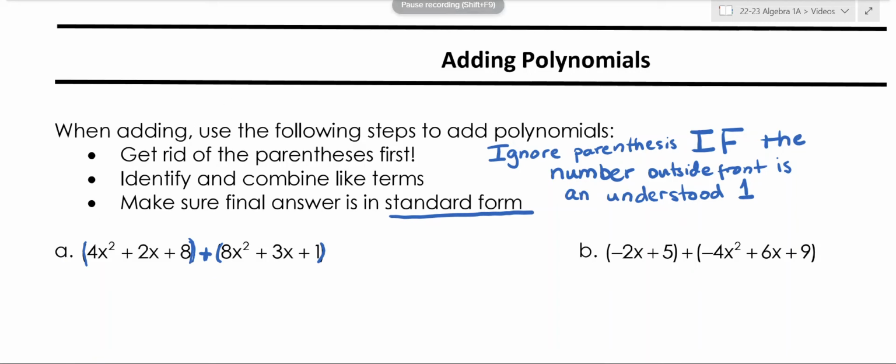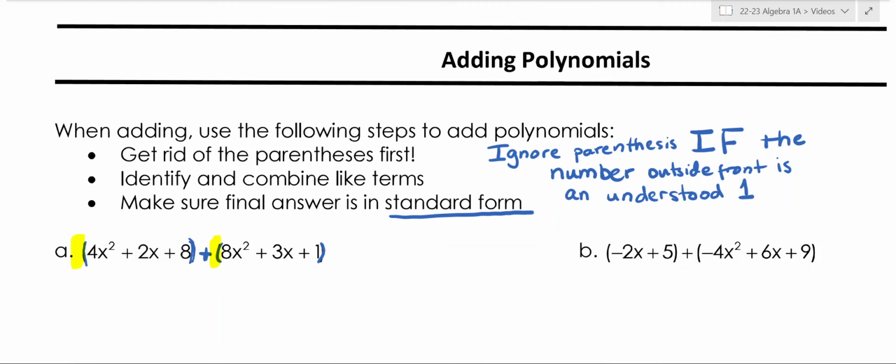You see how we usually say nothing, but technically right here, that's an understood one. You see over here? That's an understood one. So technically, the parentheses are a non-barrier for us. So now let's find our like terms.